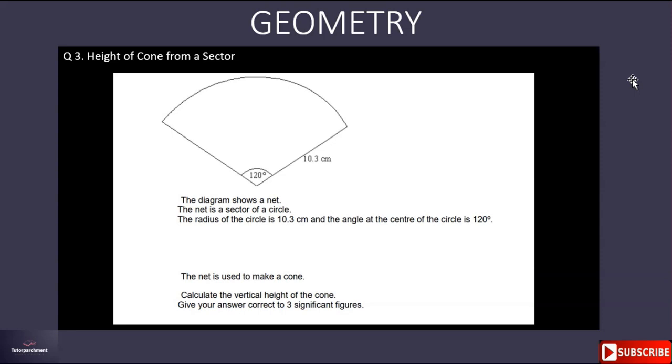The net is used to make a cone. The question says, calculate the vertical height of the cone. How do you get this calculated? You have to give your answer correct to three significant figures.